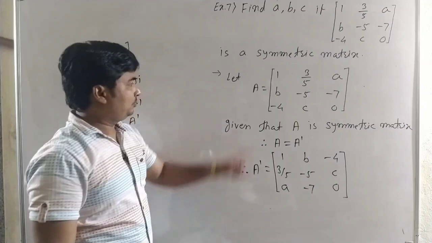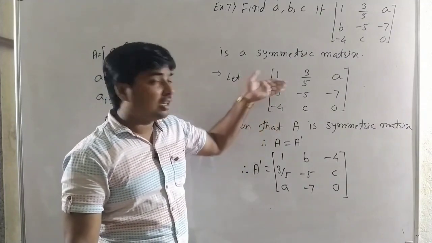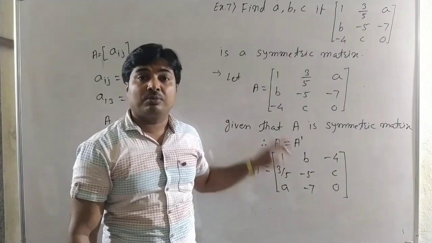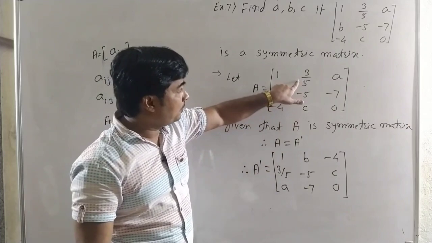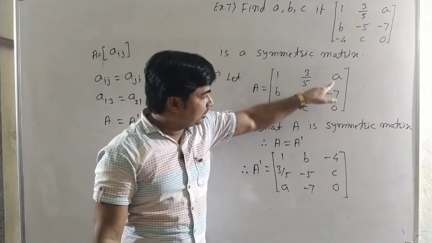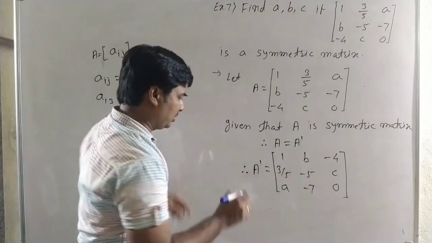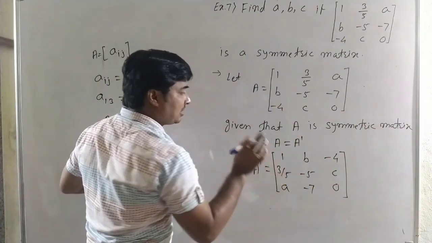And we know that A is equal to A transpose. That means the corresponding elements are the same: first row first column, first row second column, first row third column. Therefore A is equal to A dash. These two matrices are equal.